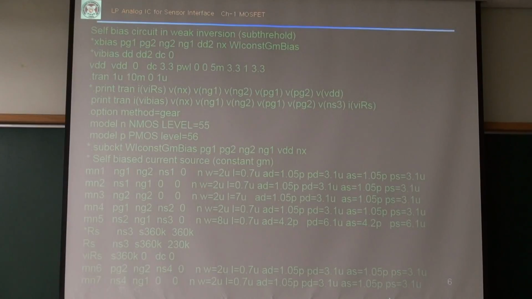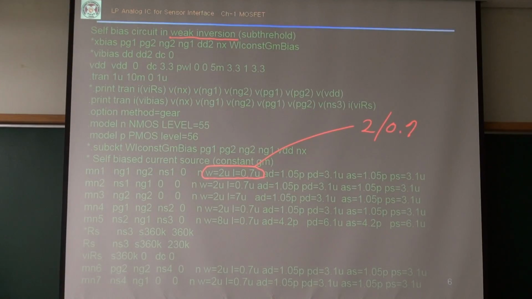Okay, so if you look at the netlist of this self-bias circuit, is this weak inversion? Yeah, weak inversion. For this one, we put all NMOS transistors at 2 by 0.7. Actually, 1 by 0.7 had a slight problem, it was shifted toward strong inversion.